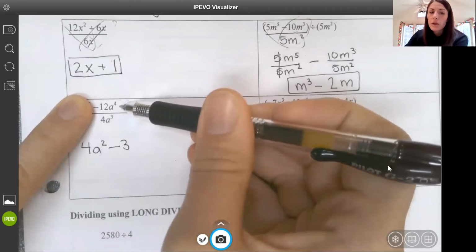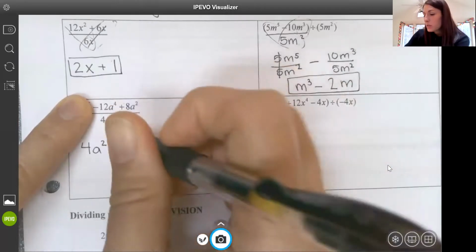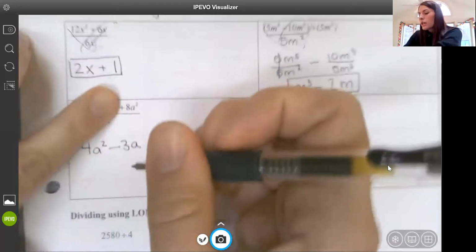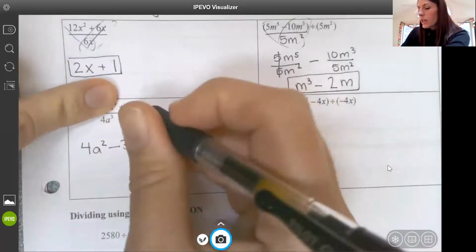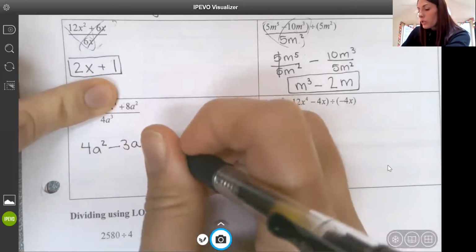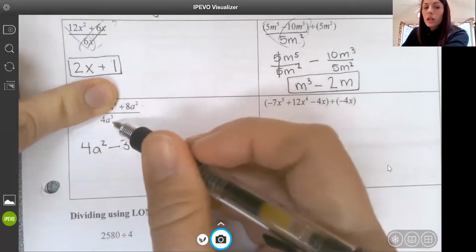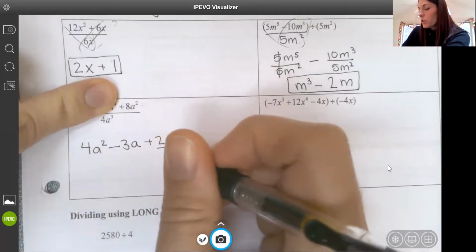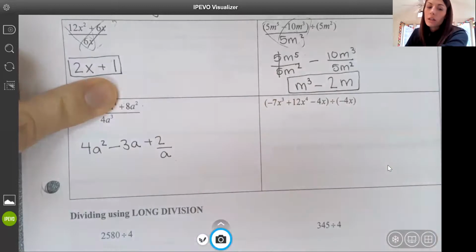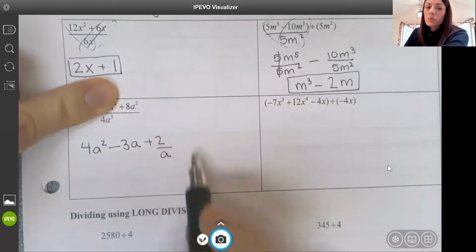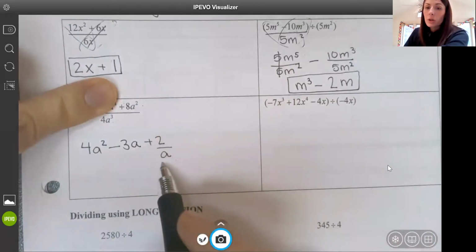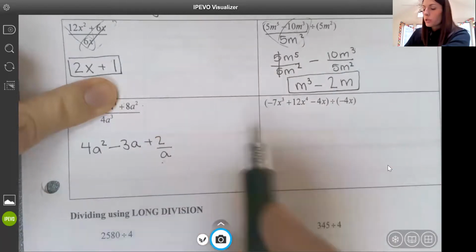A to the 4th divided by a cubed, subtracting, gives me a to the 1st. Now looking at the last term, 8 divided by 4 is going to give me 2. A squared over a cubed would leave me with 1a in the denominator. So some of my terms may look like this, where my variable is going to end up in the denominator of that term.